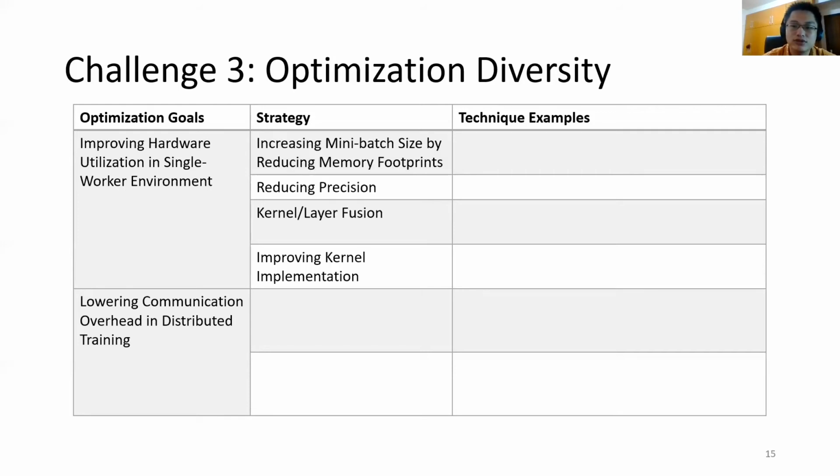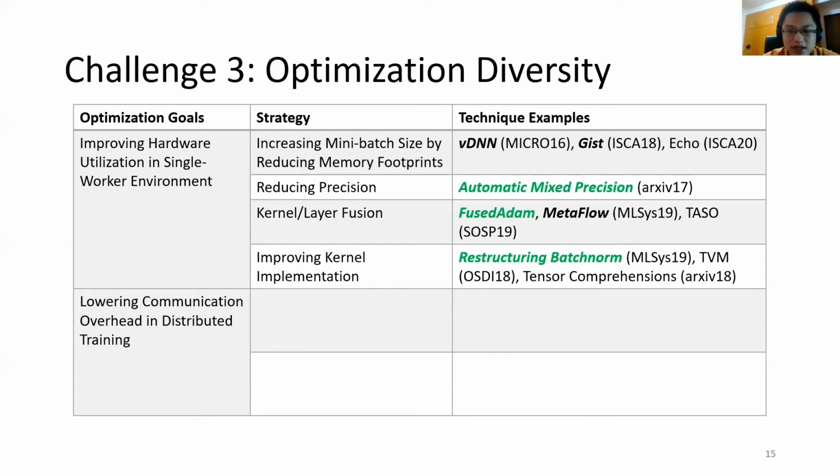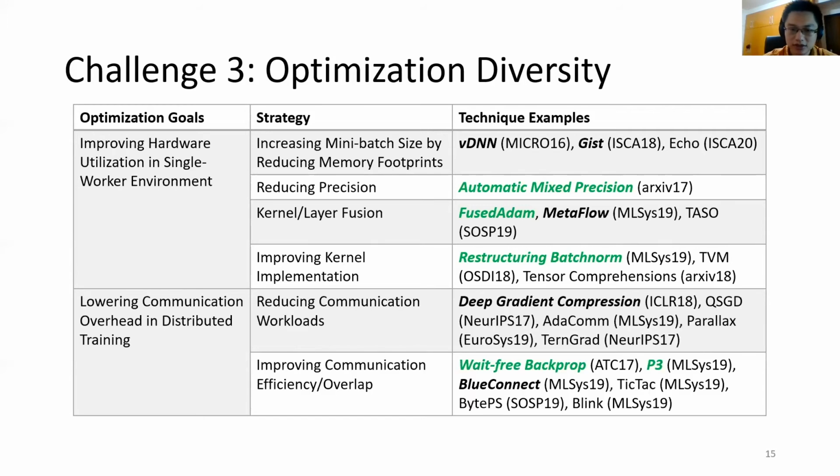For example, to improve hardware utilization, one can either reduce the precision or fuse the kernels or layers, and there are multiple techniques that implement each of these strategies. Similarly, there are many optimization techniques that try to either reduce communication overhead or improve the communication-computation overlap.